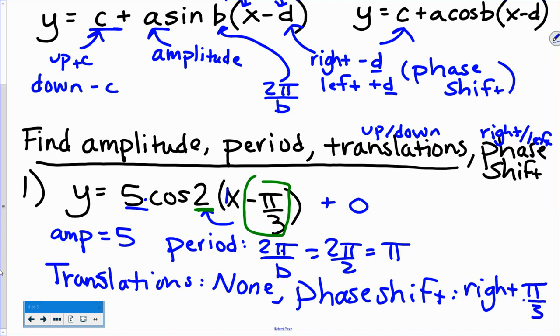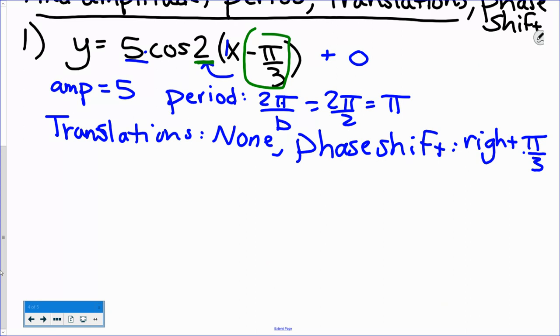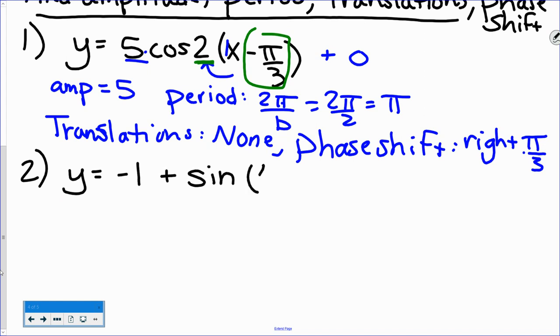So you have problems that will ask you for each of those things, and then you're filling in those blanks for all of those items. We're going to practice a few more of these to get familiar with the form and what all those numbers would do. So y equals -1 plus sine of, in parentheses, 4x minus pi.